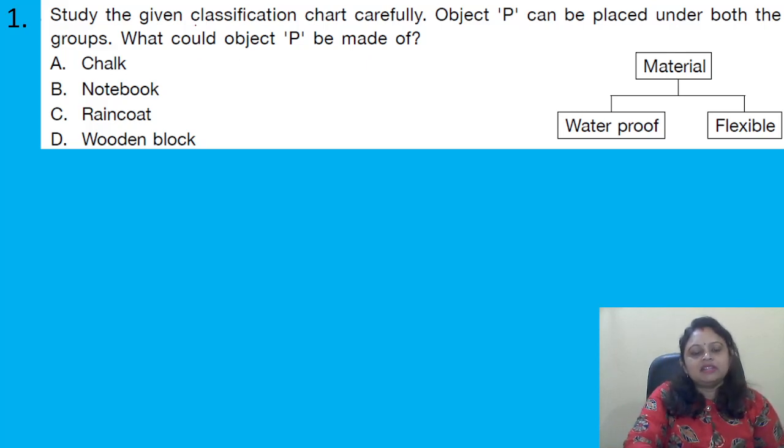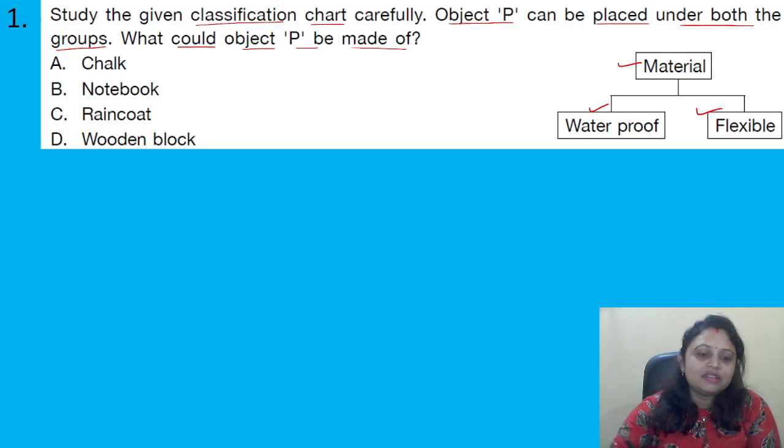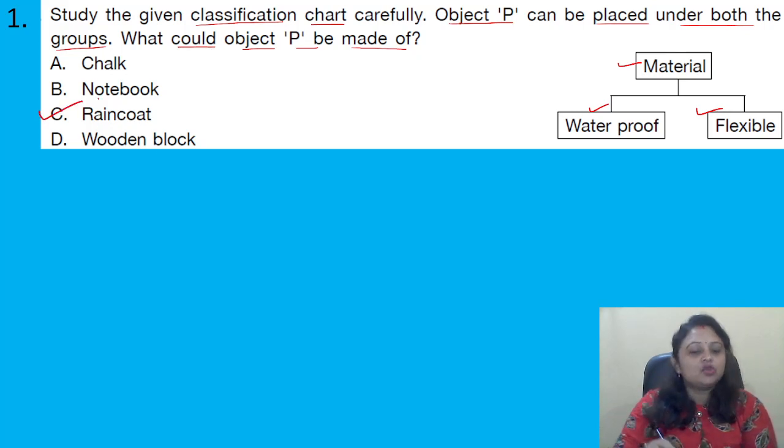It is given that object P can be placed under both the groups, and we have to find out what object P could be made of. So, a material that is both waterproof and flexible. Among the given options, which material is both waterproof and flexible? It is the raincoat. So here the correct answer is option C, that is the raincoat.